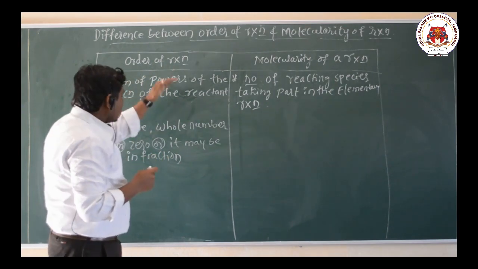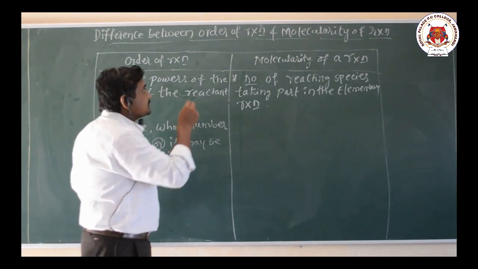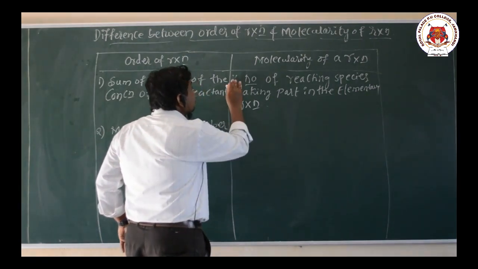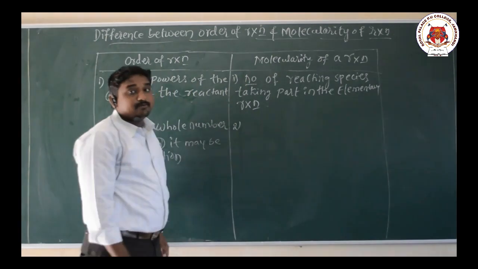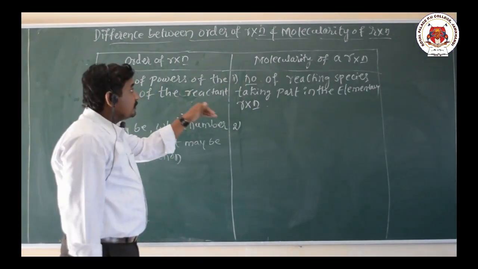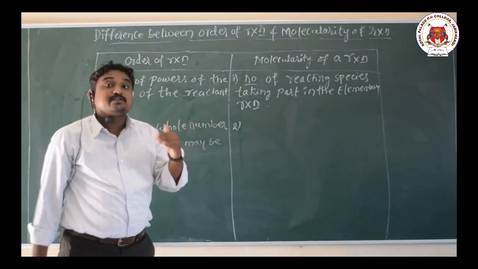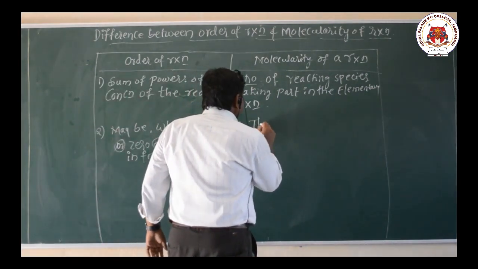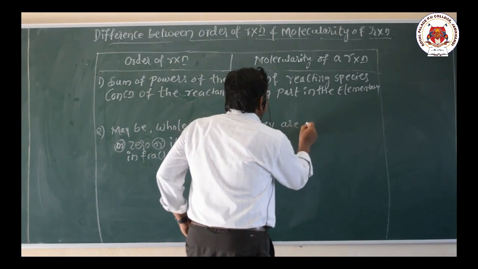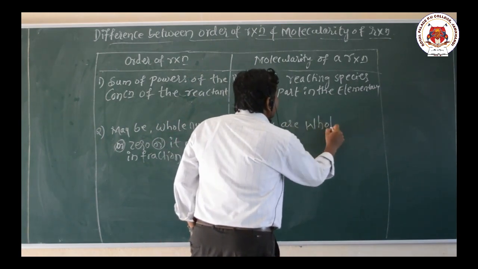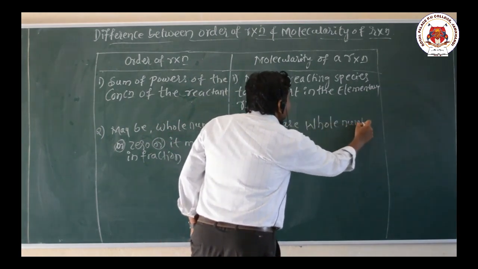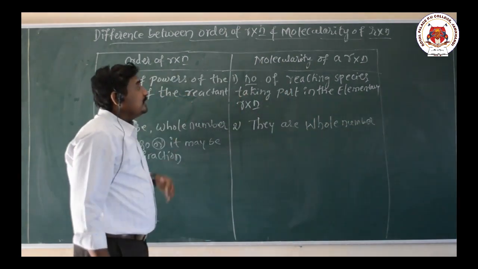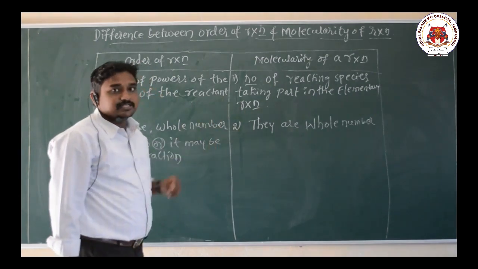Whereas for molecularity I have given the examples unimolecular, bimolecular, trimolecular. Hence the molecularity of a reaction is always a whole number. The second difference is that molecularity values are whole numbers, either unimolecular, bimolecular, or trimolecular.